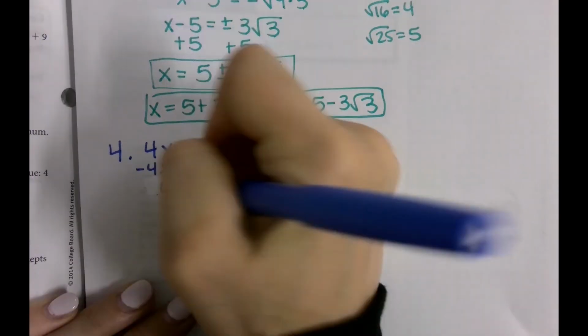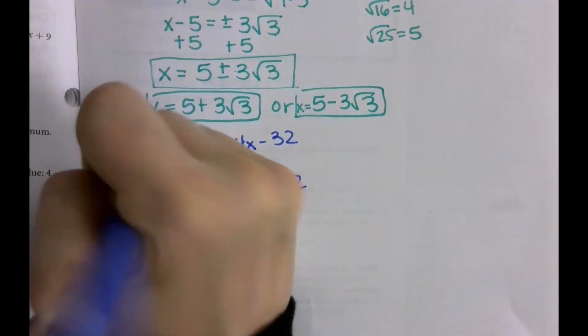I don't get 4x, I get 0 equals x squared, and then negative 4x minus 4x is negative 8x minus 32. Then I'm going to just rewrite it in a different order. So I'm going to put x squared minus 8x.